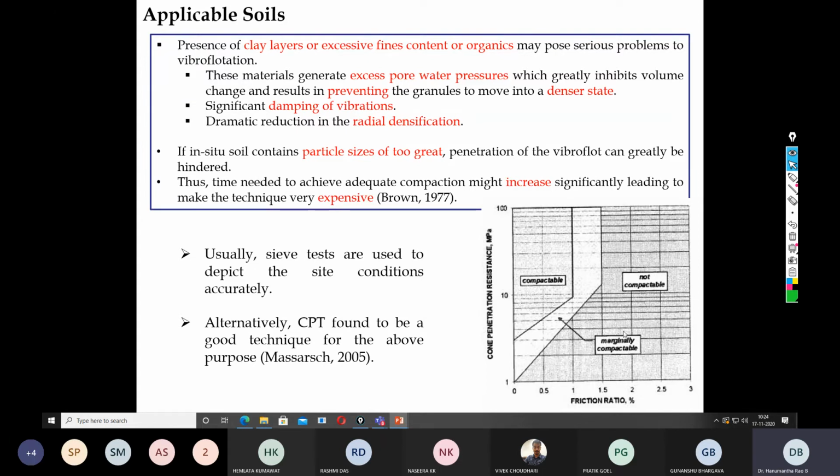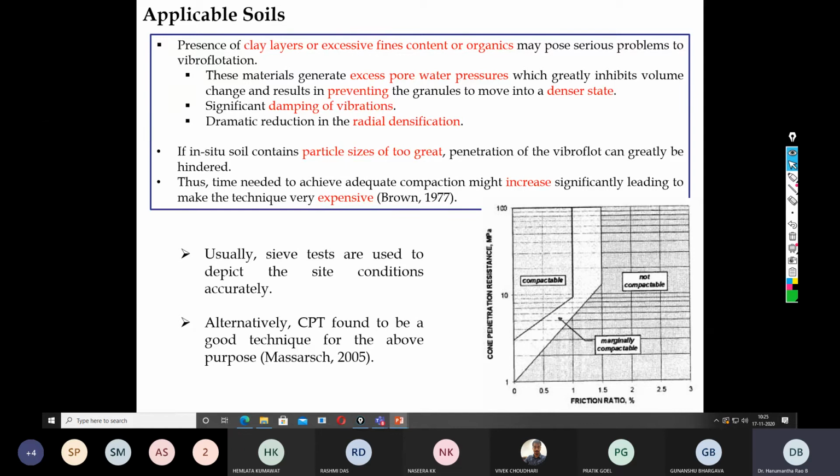Now, this graph is quite useful because, say for example, on a particular soil type you conducted a cone penetration test as a function of the depth. When you envisage the vibro flotation technique, we normally do the densification for at least 40 meters, 50 meters, or farther depth.